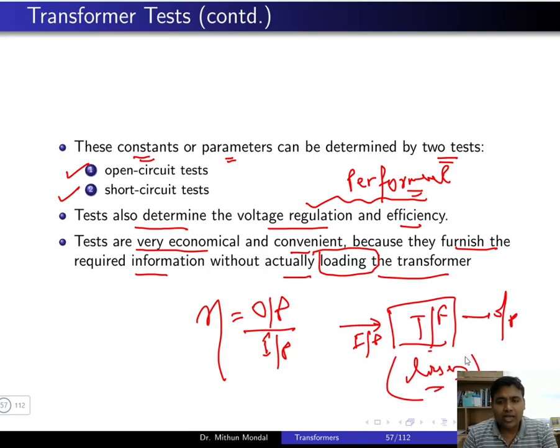These losses would be economic losses. That is the reason we try to find the efficiency through the equivalent circuit rather than by loading the transformer. Once the equivalent circuit of the transformer is constructed, it is easy to find the efficiency without actually loading the transformer. So it is economical and convenient.